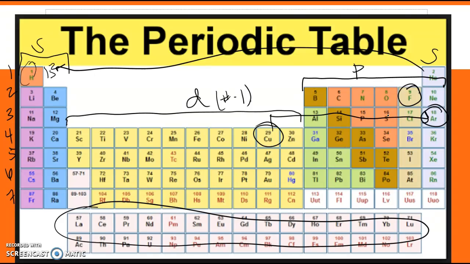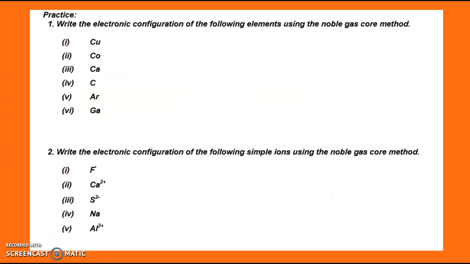You write argon in brackets and then write everything that's left. Argon in brackets means we're already here. So then we would have 4s2, 3d9. We write this out: argon in brackets, 4s2, 3d9.